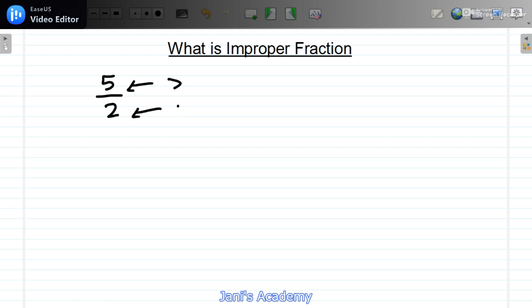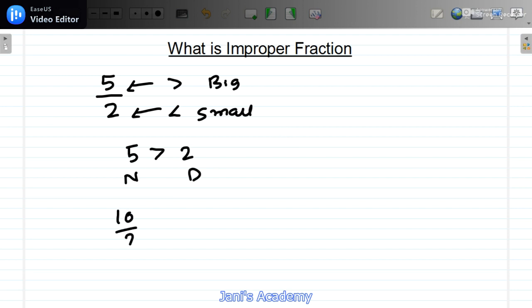This is a small number and this is a big number. So 5 is greater than 2, so this is the numerator and this is the denominator. Let's take one more example. If I say 10 upon 3, the numerator is higher and the denominator is less, so this is called an improper fraction.